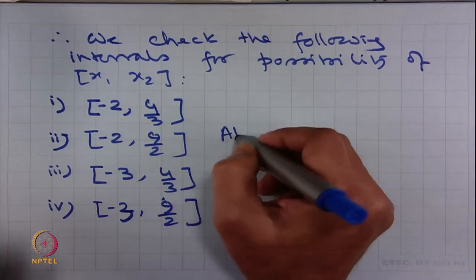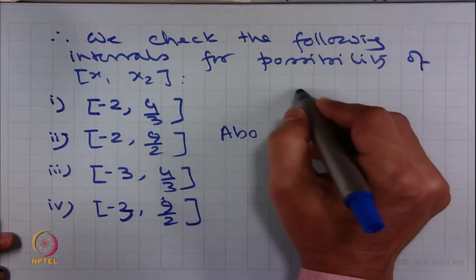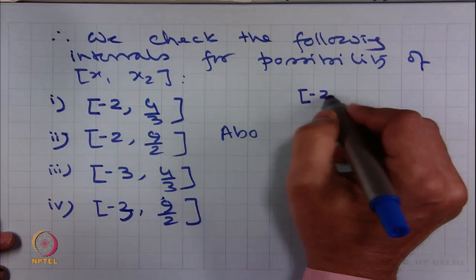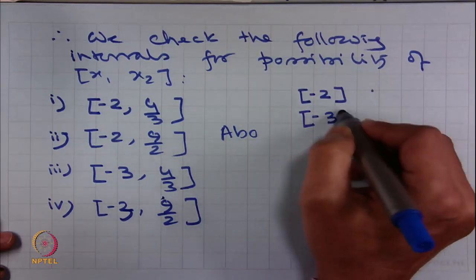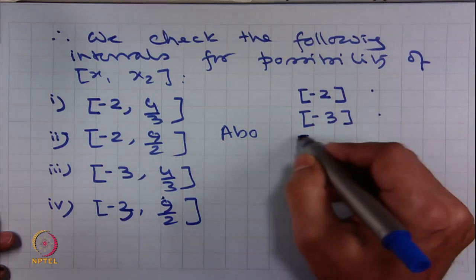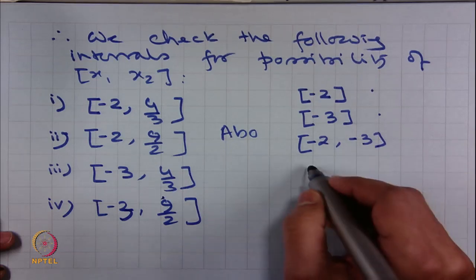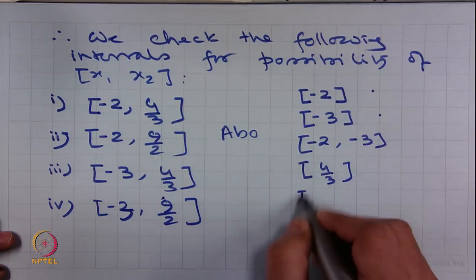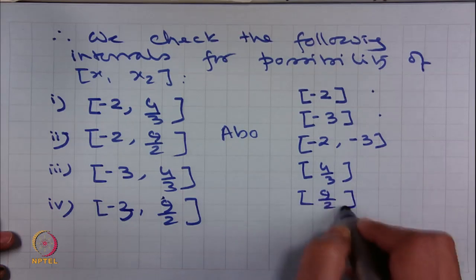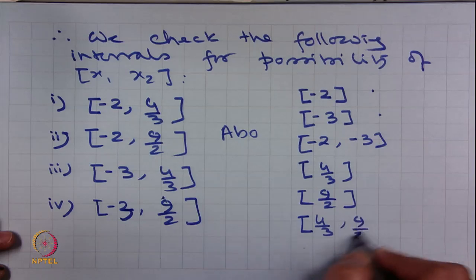Also, we need to look at minus 2, the singleton one, minus 3, the singleton one, minus 2, comma minus 3, similarly 4 by 3, 9 by 2, and 4 by 3, comma 9 by 2.